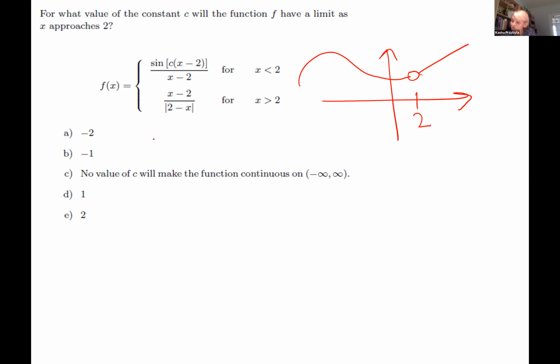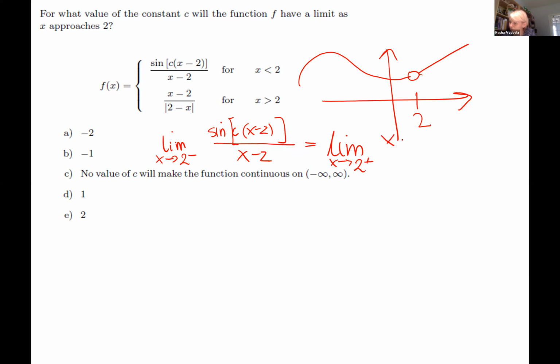What we need: limit as x goes to 2 from the left-hand side, and then I will use that formula, sine of c times x minus 2 over x minus 2, must be the same as the limit as x goes to 2 from the right-hand side.